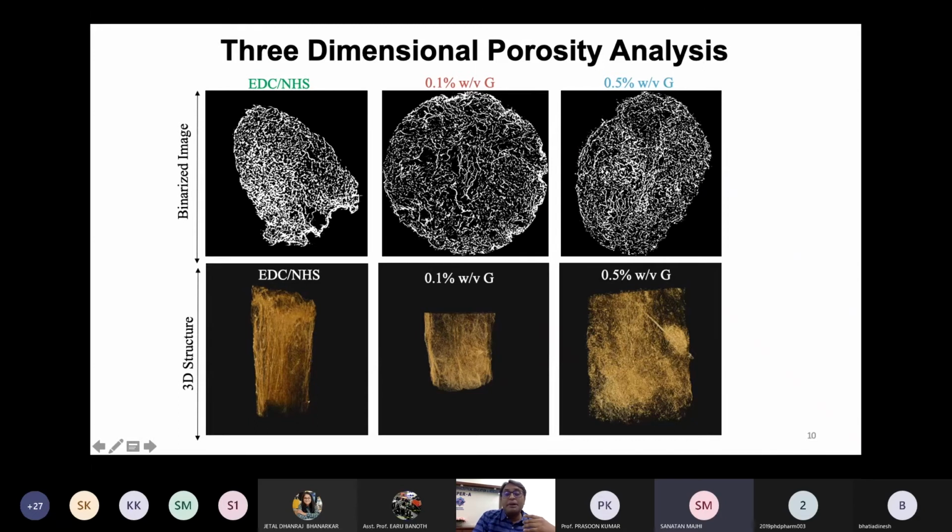But when you cross-link with 0.1% and 0.5% graphene in the collagen, then you see this fibrous nature is totally diminished, and you see some white patches, like a colonies kind of structure, which is like a thick pore structure, and it is also because of the aggregation of the graphene in the whole system, which probably will be useful for a system. But overall porosity does not change.